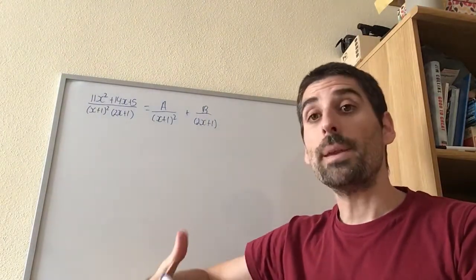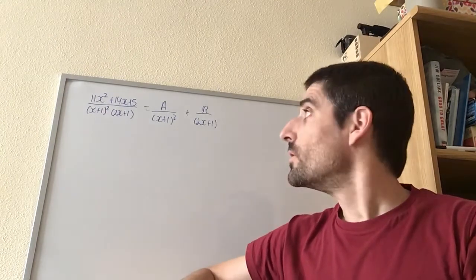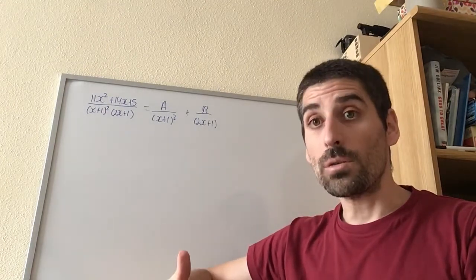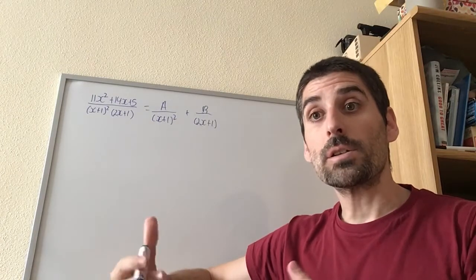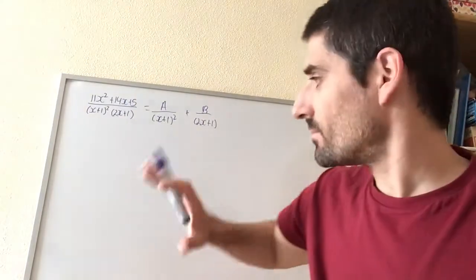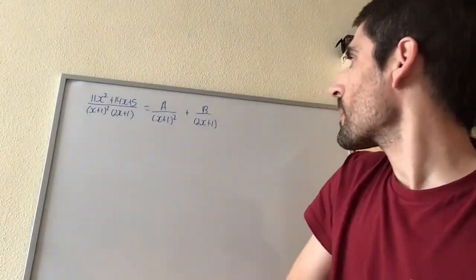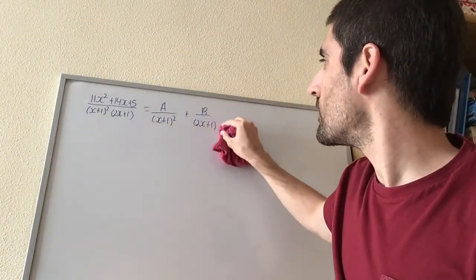Because when you have a repeated root like that one there, you have to include a third term. So there will be another term, and what I'm going to do is actually write it like this.